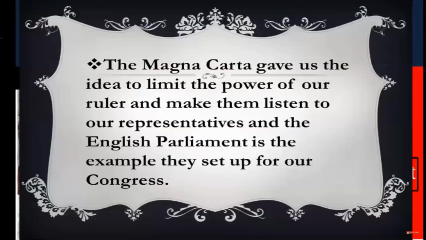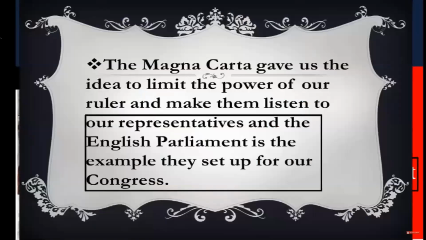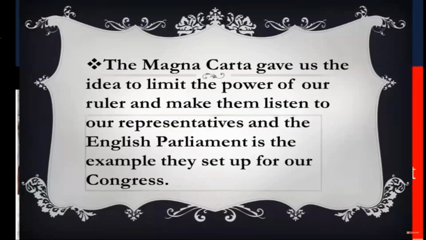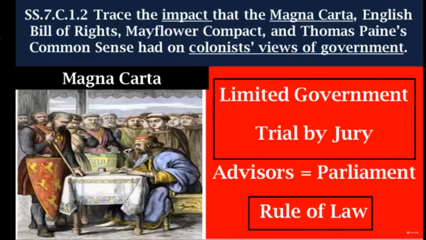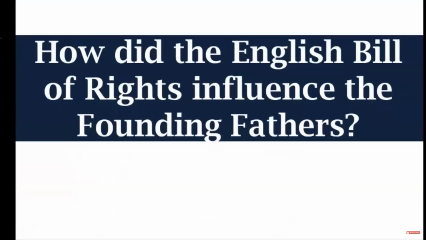The barons, they kind of became his advisors for passing laws, which would evolve into a legislative body like Parliament, or as we have Congress. Chances are, though, if you are asked about the Magna Carta, your answers are either limited government, rule of law, or trial by jury. So what influence did the English Bill of Rights have on the founding fathers?